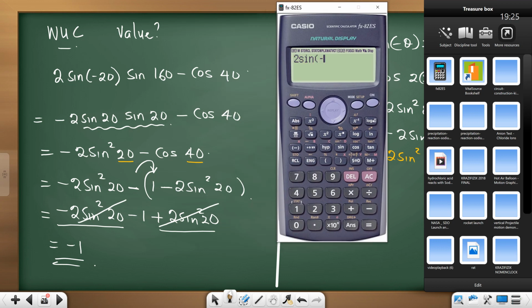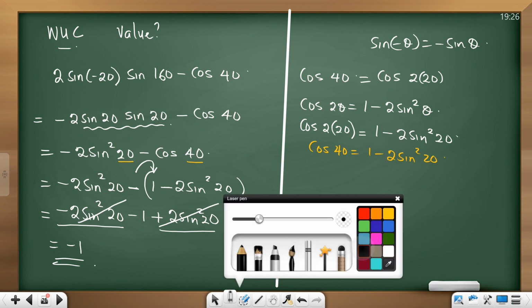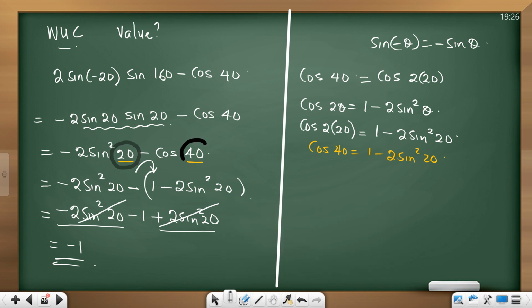2 sine negative 20 sine 160 minus cos 40 gives negative 1. So you can quickly go through how cos 40 changed: double angles. You've got to be observant. I see I am working with 20 and 40, and I know that 40 is double of 20.